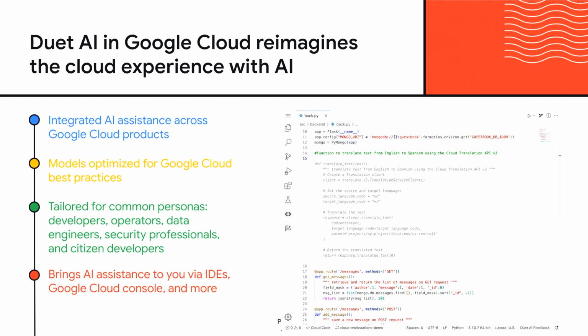The key idea is to have models which support general purpose programming tasks, so you can do all your regular development with Duet, but they're also optimized for GCP-specific tasks, to be familiar with our client libraries, Terraform, and all the dialects specific to Google Cloud. You can see here what it looks like: VS Code running Duet, showing a code suggestion.